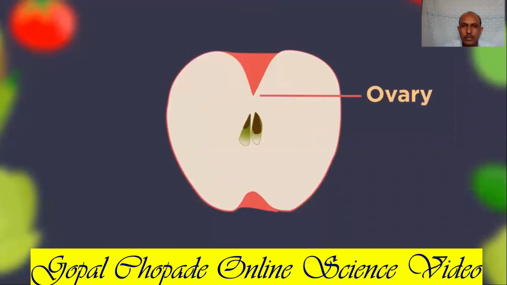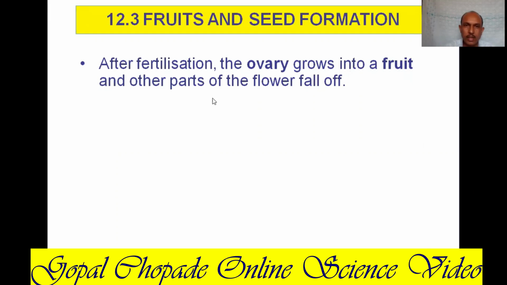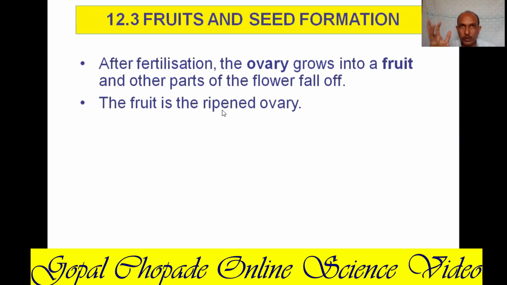Now see that it will become a fruit and here it will be seed. So what is the result of fertilization? After fertilization, the ovary grows into a fruit, and the other parts of the flower fall off. The fruit is a ripened ovary.